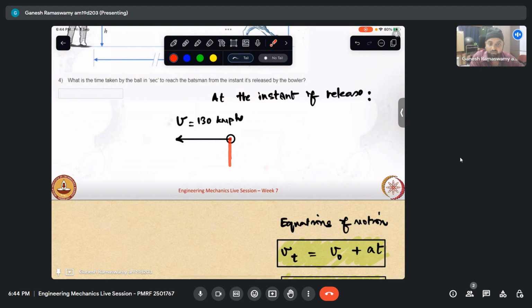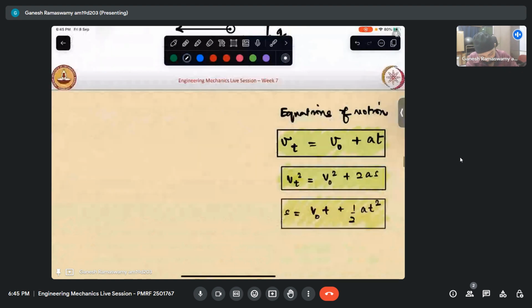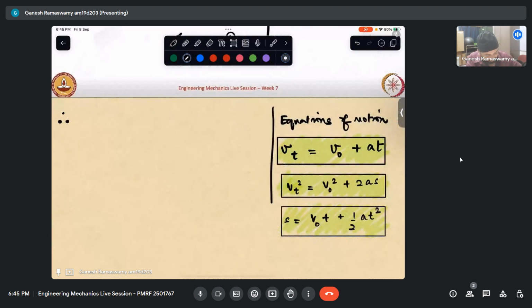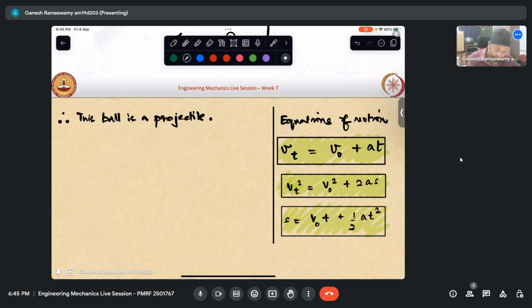There is no vertical velocity, but it does have free fall acceleration as g. So we know essentially this is a projectile. So therefore, this ball is a projectile. And we know that horizontal and vertical motions are independent of each other.